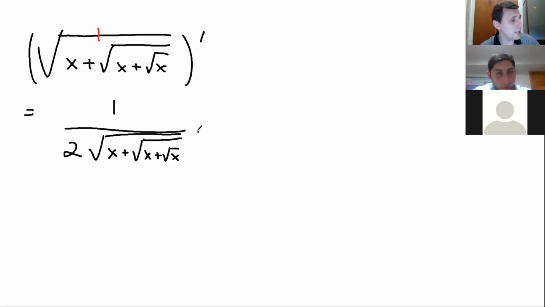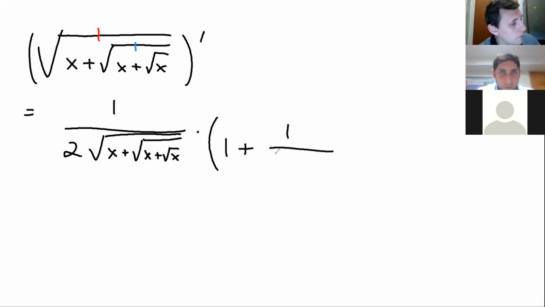Yes, and then I write times, then in parentheses, the derivative of the inside, which is 1 plus the derivative of the second root. I mark it maybe with blue. So the derivative of the second root is 1 over 2 root x plus root x, times, because now it's the chain rule here, the derivative of the inside.